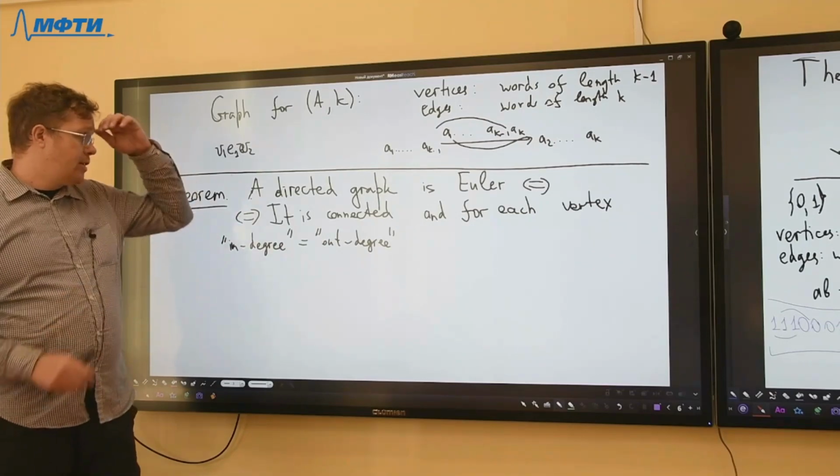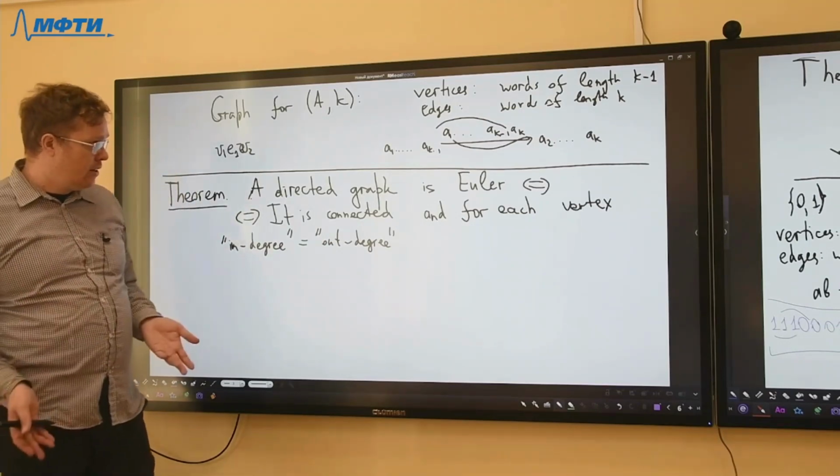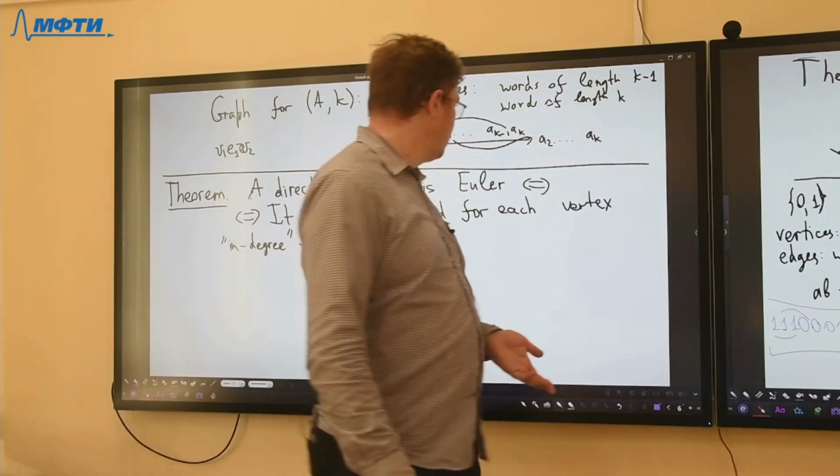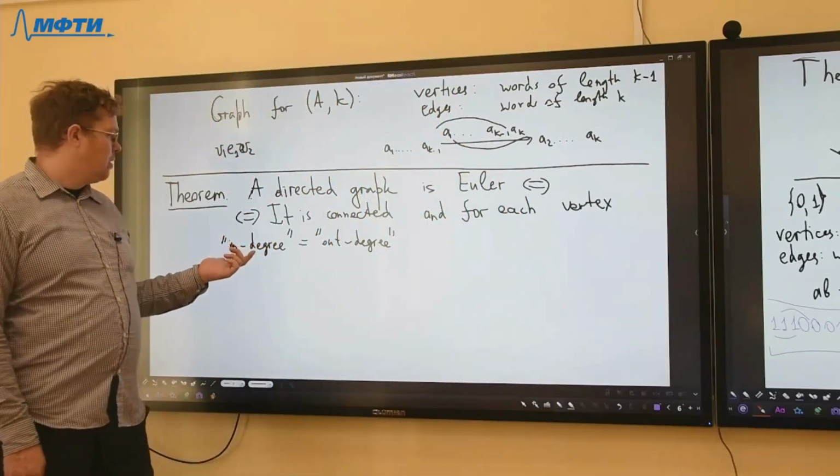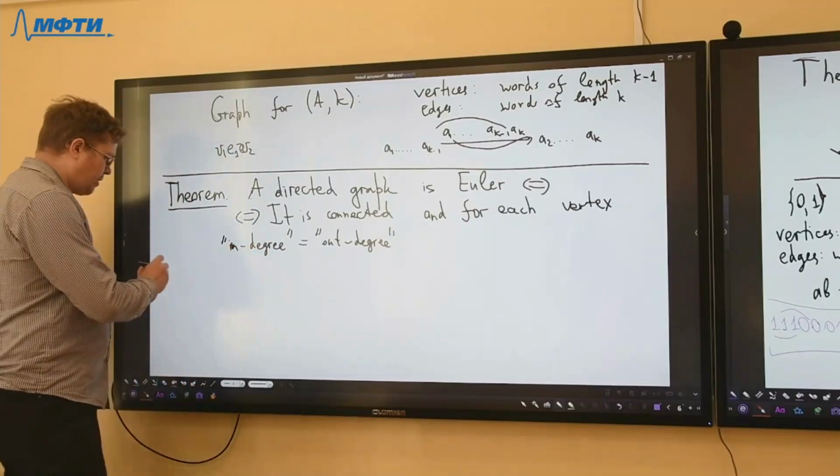Yeah. So it's about the Euler circuit and the Euler trail. As usual, I can just mention it here.